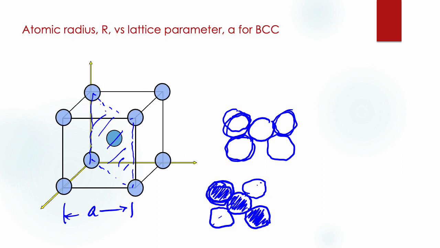And so if this dimension is a, then this dimension is the square root of 2 a.